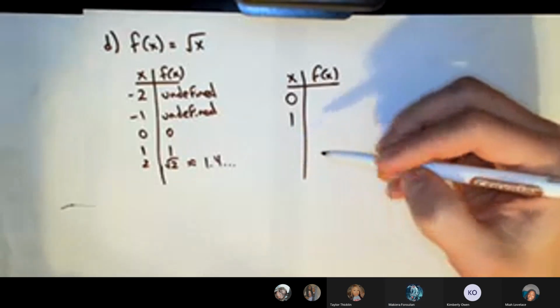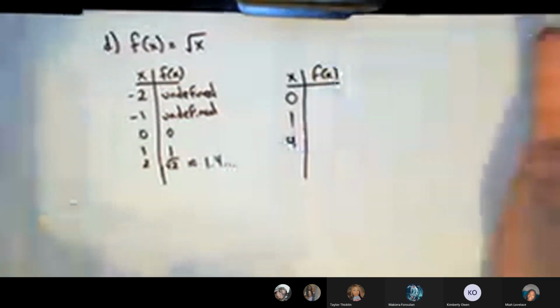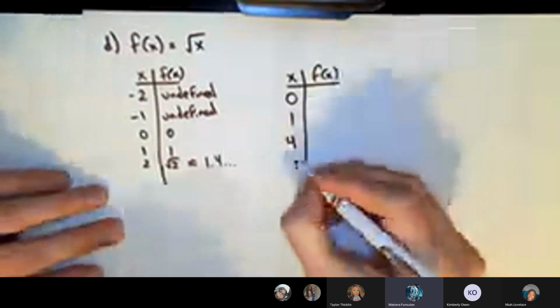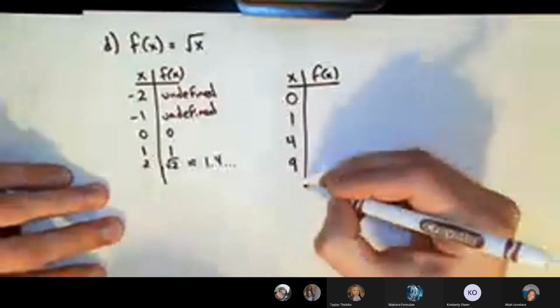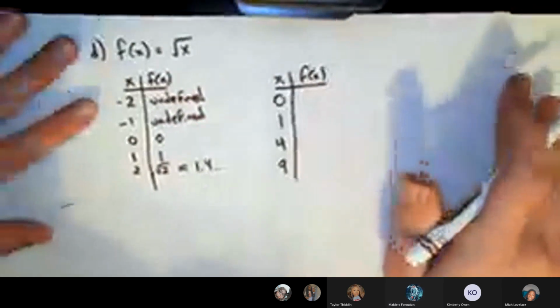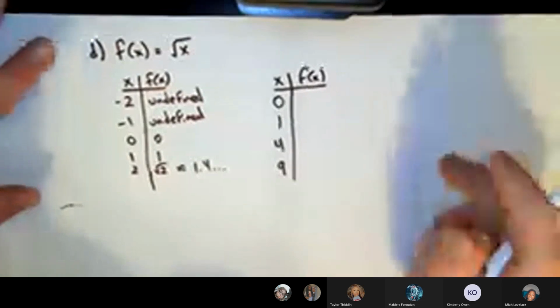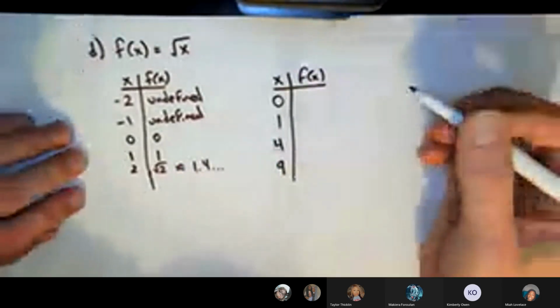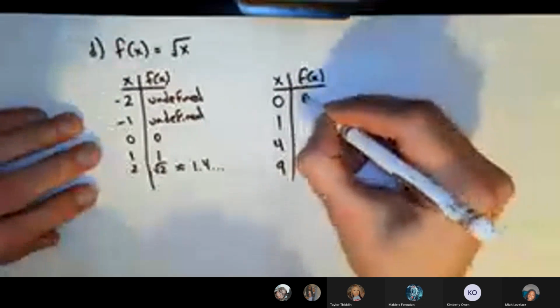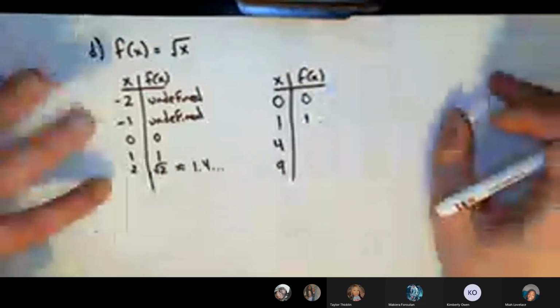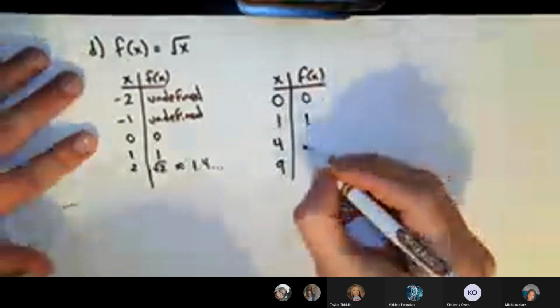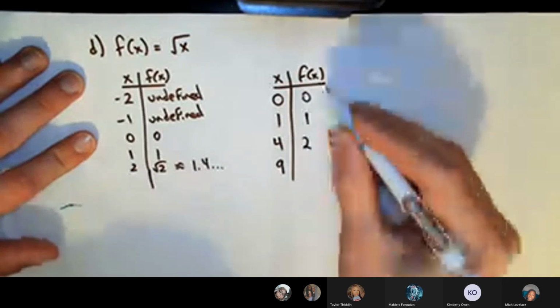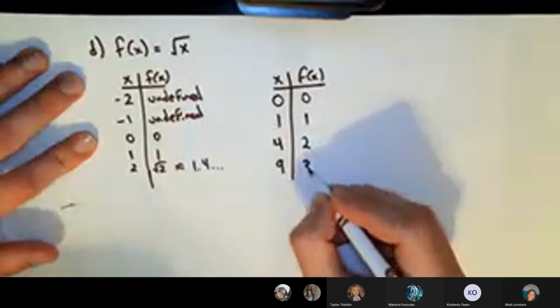Maybe 4. Yeah, good. Exactly. Perfect square numbers, and then maybe 9. Let's keep it at that because then they start to get a lot bigger, and I don't want to have to graph 16. So I think these 4 will be okay. Square root of 0 is 0, square root of 1 is 1, square root of 4 is 2, and square root of 9 is 3.